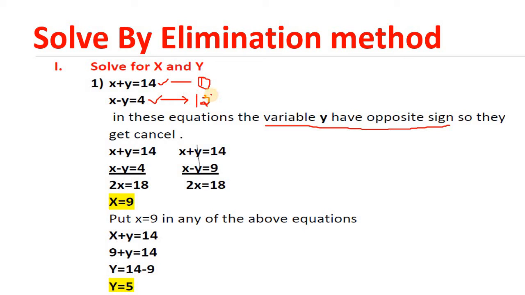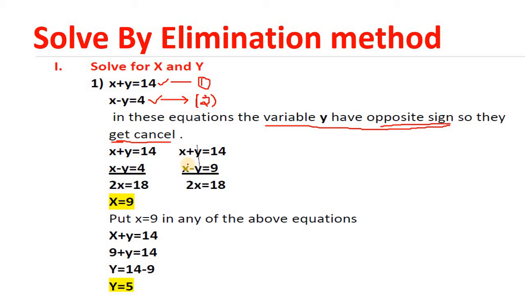In these two equations, the sign of y in the first equation is plus, and the sign of y in the second equation is minus. If opposite signs are there, we can eliminate one of the variables. So if opposite signs are there in the two equations, we can cancel the variable very easily.